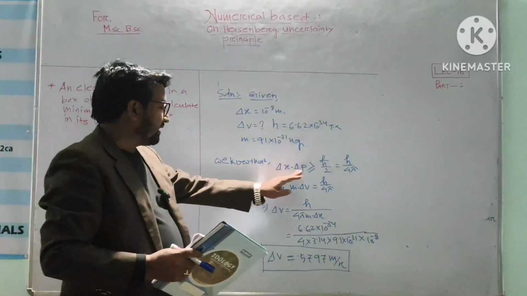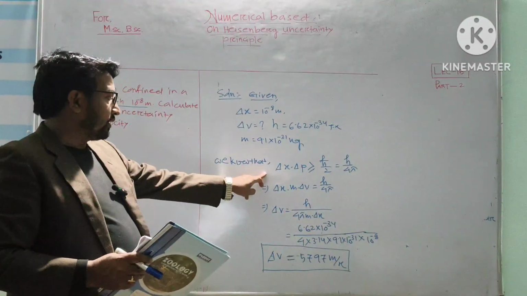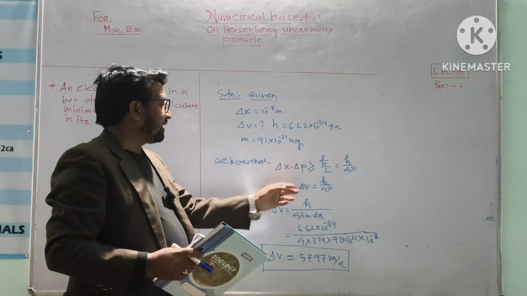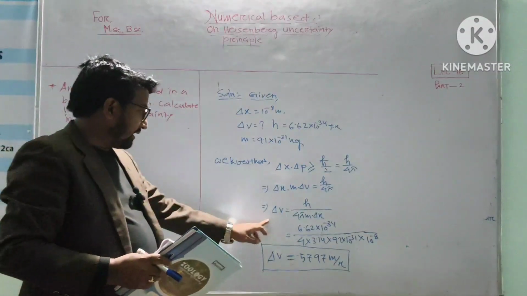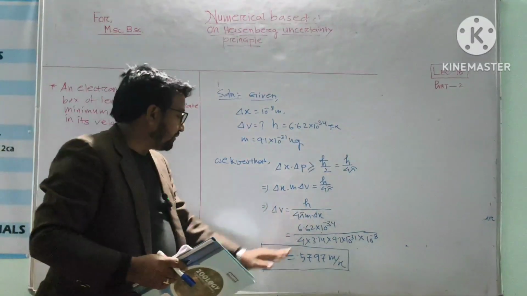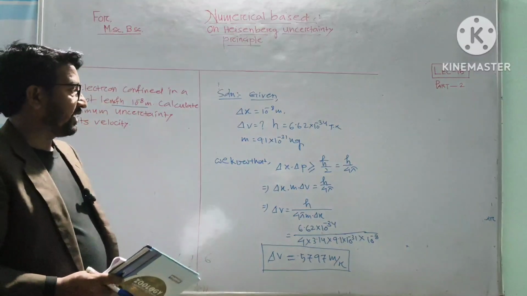We know delta x delta p is greater than or equal to h bar by 2, equal to h by 4 pi. This is called the Heisenberg uncertainty principle. So delta x delta p we can break in terms of m into delta v, so delta v equals h by 4 pi m into delta x. When all the values are substituted in this equation, we will get 5797 meter per second.